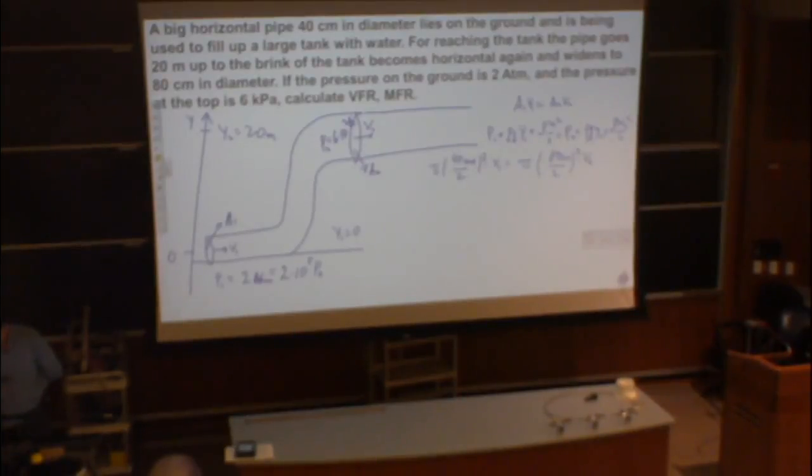For example, I can solve it for V1. It should be equal to pi, and pi cancels, 2 and 2 cancel, and this is what I can combine: 80 centimeters over 40 centimeters squared times V2. And we can see centimeters and centimeters canceled as well. 80 over 40 is 2. 2 squared is 4. That gives immediately the relationship between the speeds. Unfortunately, it doesn't give the speeds. But we have a second equation, which means we have to use it.